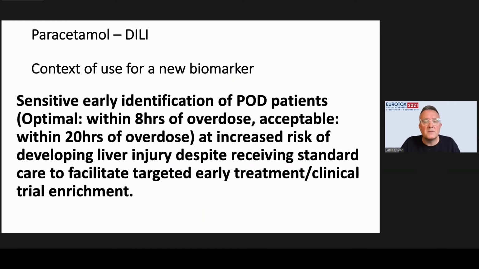So the context of use, to use the terminology that I'm proposing, is a sensitive early biomarker of paracetamol overdose. What I'm saying is it should be detected within 8 hours of overdose, ideally. Patients at increased risk of liver injury despite receiving standard care.